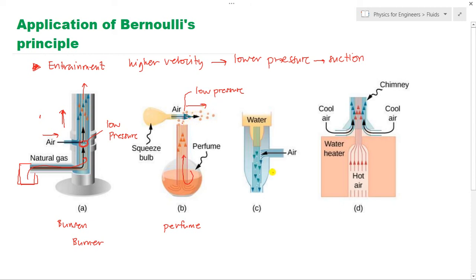What else? This one, tubig. So diri pod paagi sa air at higher velocity, naa pod diri nga part ang low pressure. I think ang naka-create ani is ang tubig. So ang jet of water, this is water jet.